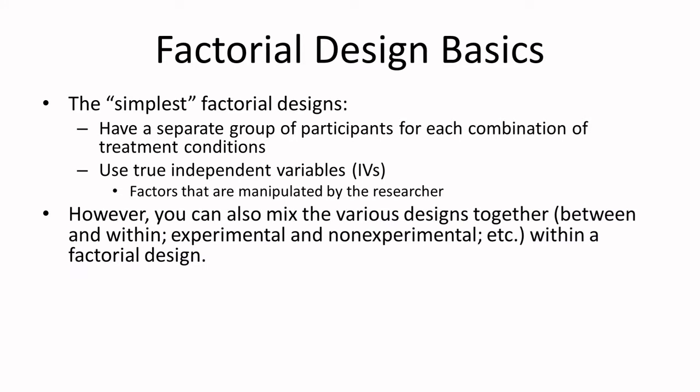And mixing different kinds of designs together, including between subjects design and within subjects design, or experimental and non-experimental, is also something that is quite common. When you look at actual factorial design research, you generally see a lot of that kind of mixing going on.